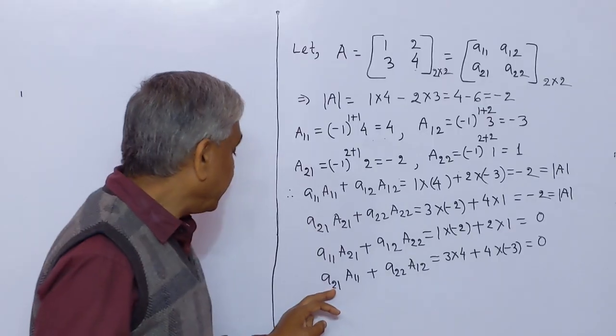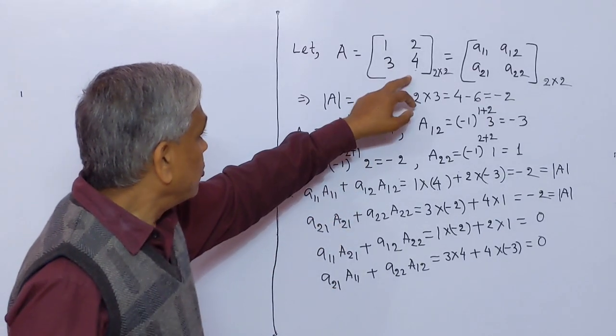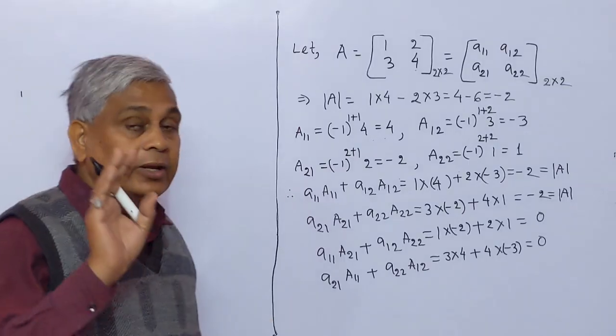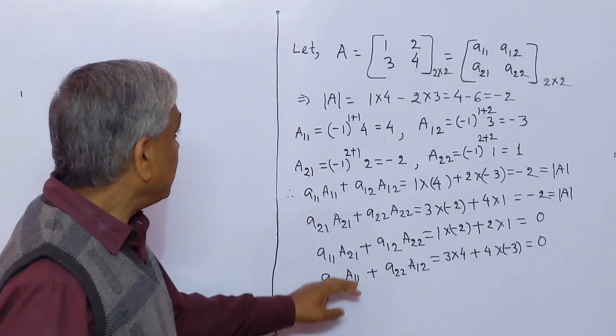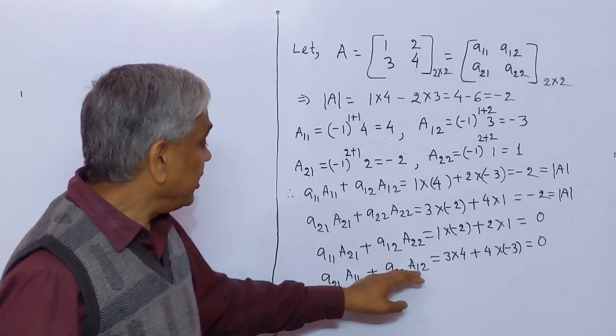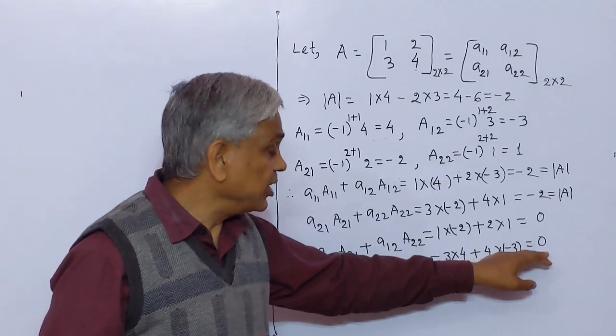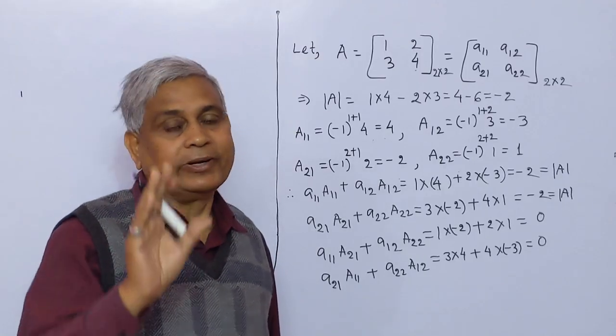Similarly, we take elements of the second row and we multiply scalar multiplication with the cofactors of the first row, capital A11, capital A12, and we get the result 0. So in this way our verification is completed.